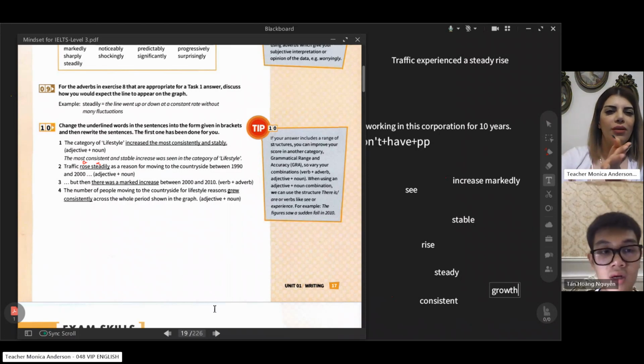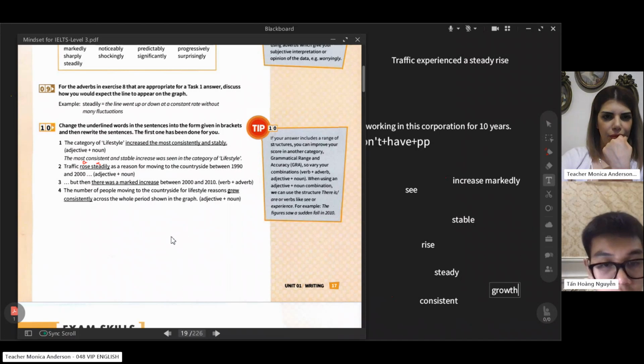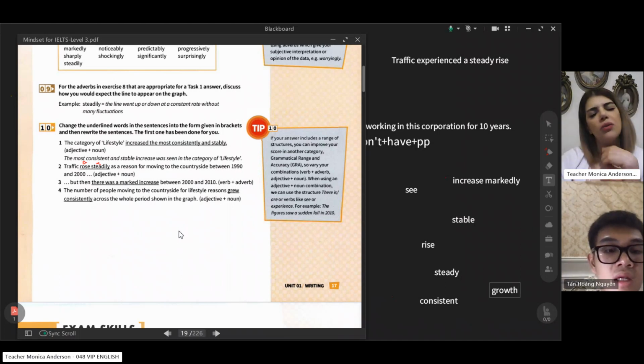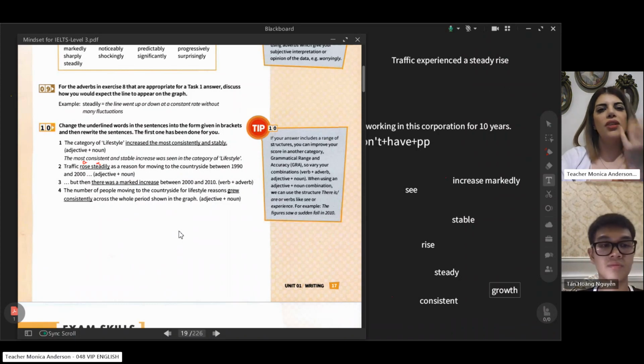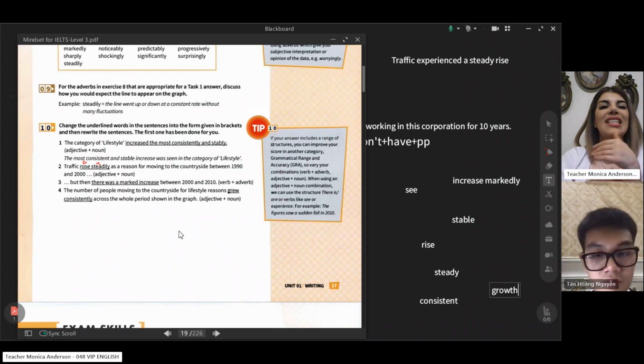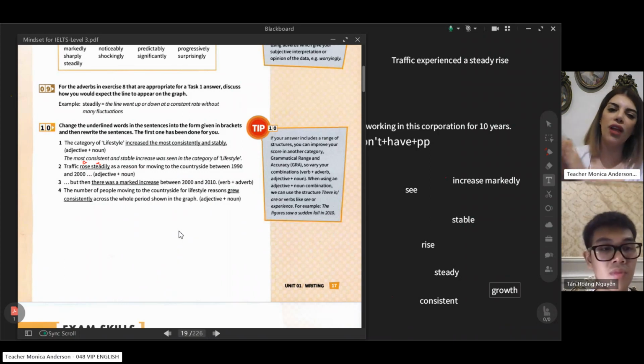Number 4, the number of people. You can say there was, it's okay. I think there was a growth. No, there was a consistent growth in the number of people moving to the countryside for lifestyle reasons.